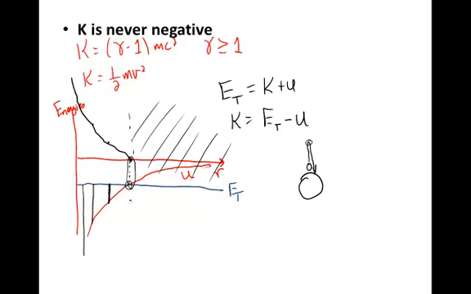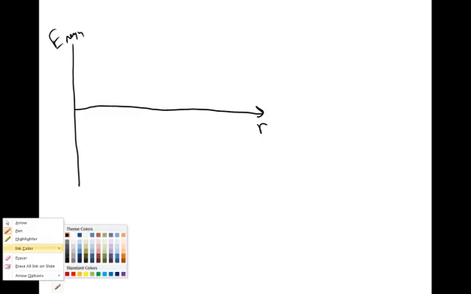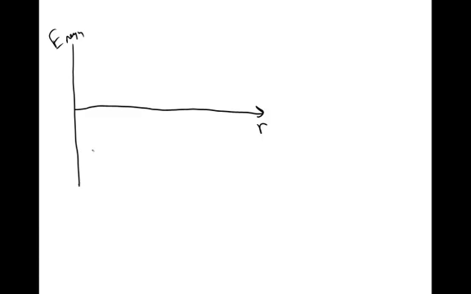Now, if we take a look at the case where we have a positive total energy, I'll go ahead and redraw this. Energy is on the y-axis, radius or separation between the two particles is on the x-axis. And let's use the same type of potential, gravitational potential energy or whatever.